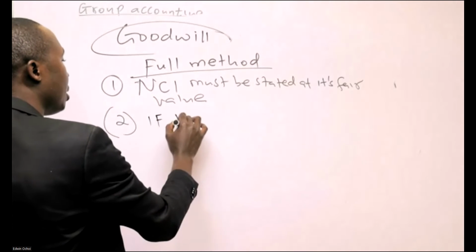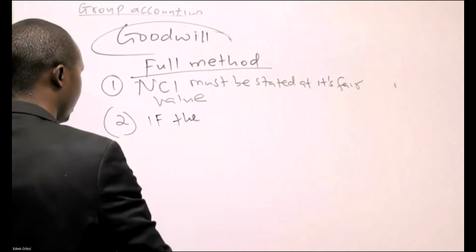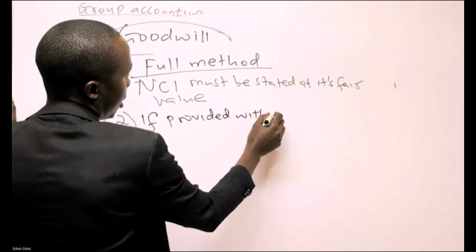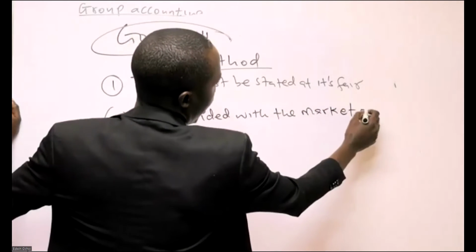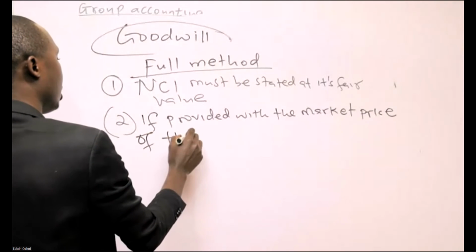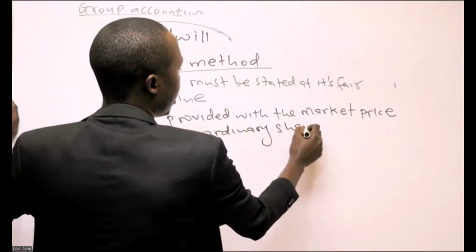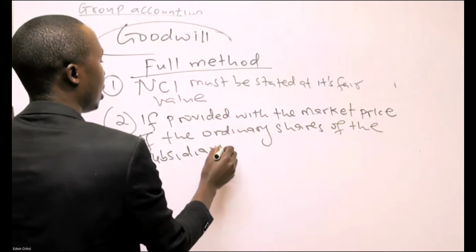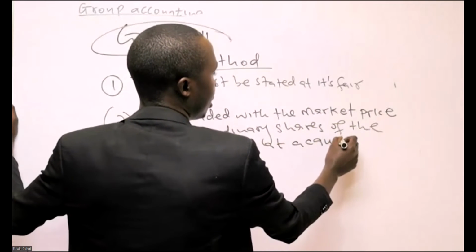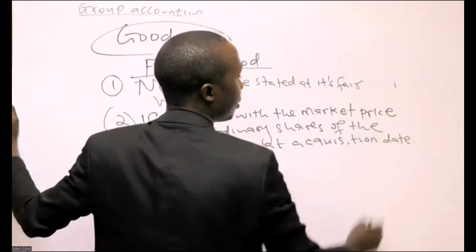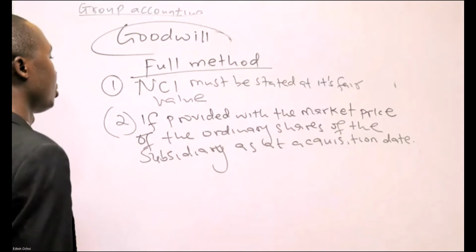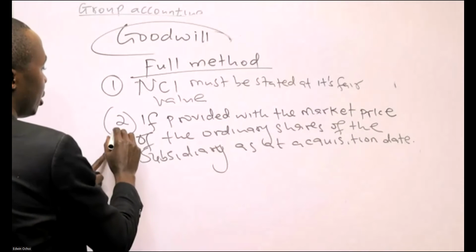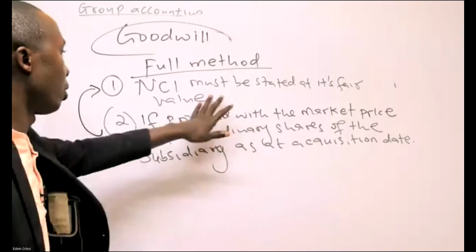If you are provided with the market price of the ordinary shares of the subsidiary as at acquisition date, this can be used in the determination of the fair value of the NCI.